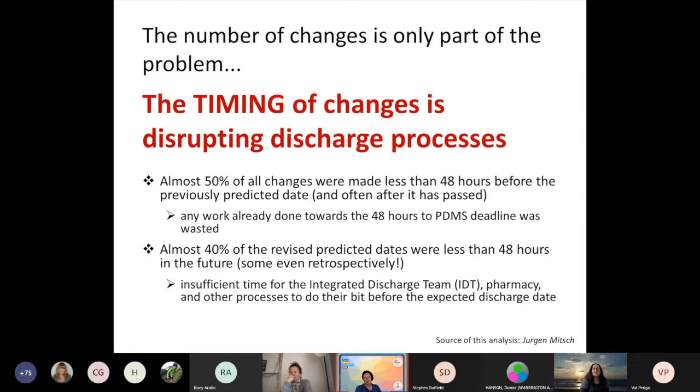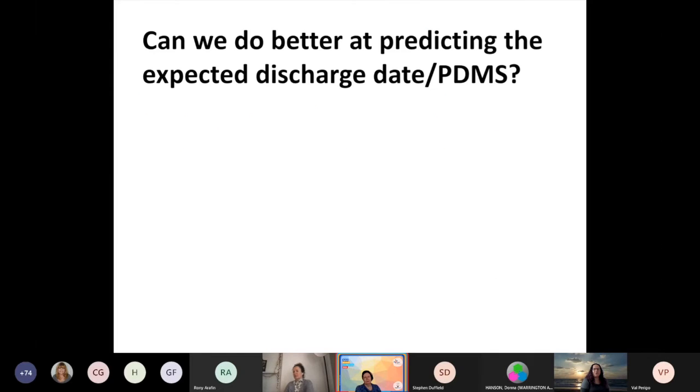On the other hand, almost 40% of those revised predicted dates were less than 48 hours into the future, so not leaving enough time ahead to do the work that's required. And in fact, both could be true for the same change. So it's a huge issue.